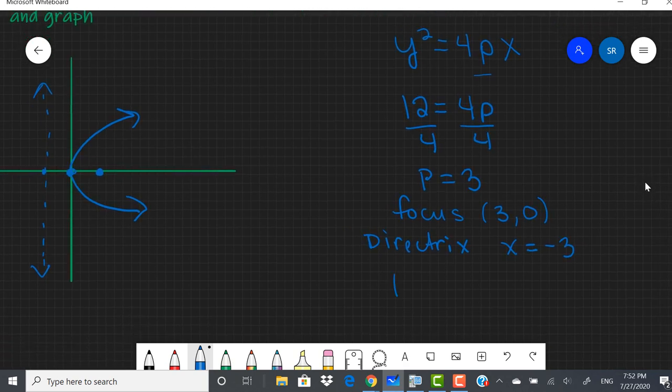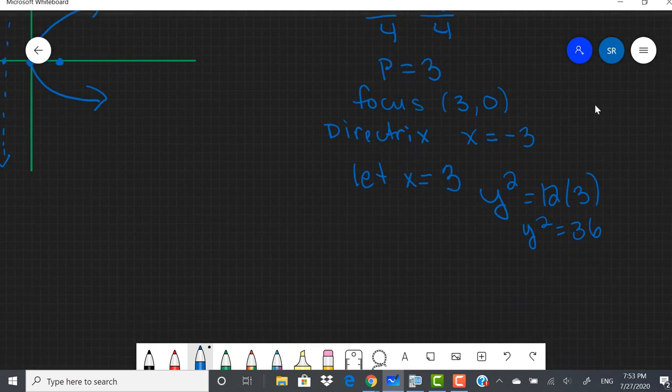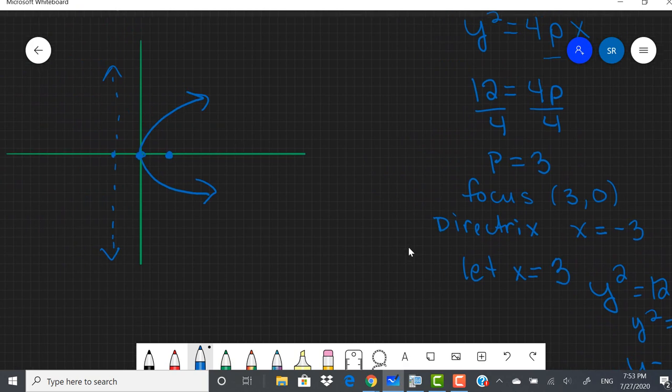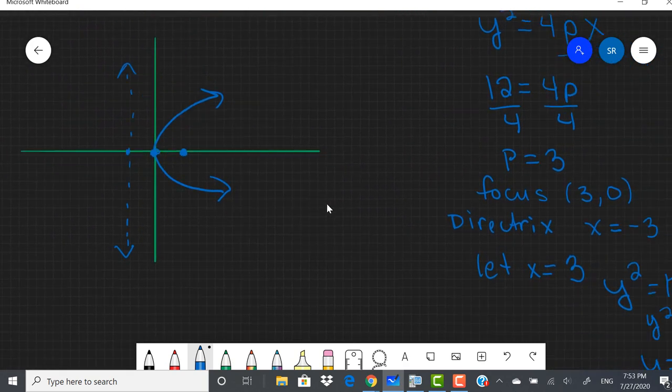So I'm going to go ahead and let my x equal 3. Then when I plug it in, y squared equals 12 times 3. So my y squared equals 36. And then my y would equal plus or minus 6. So those are 2 points that would be symmetrical here.